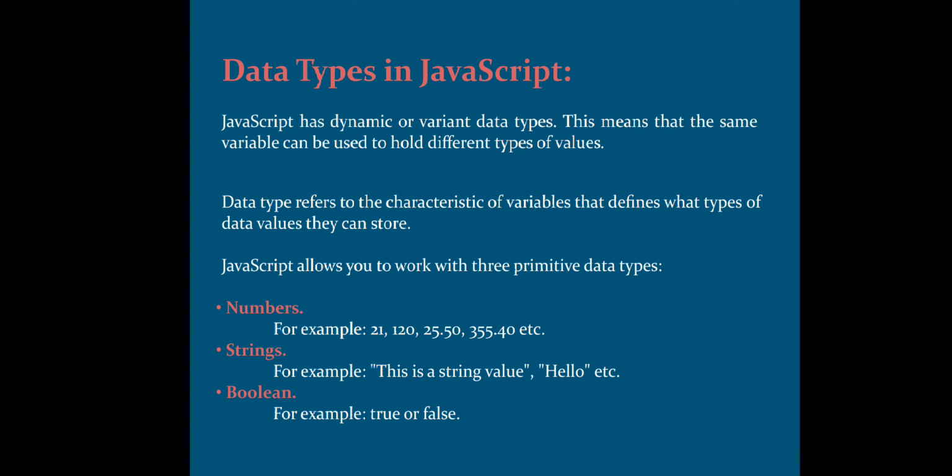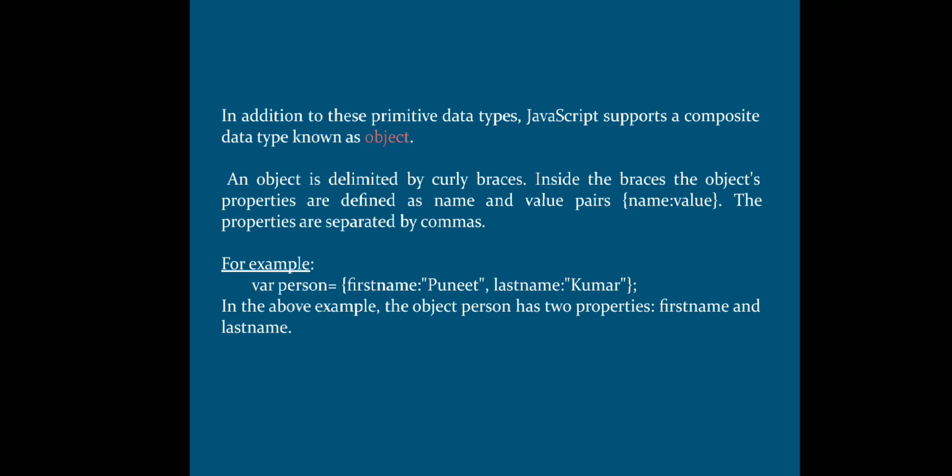Other than these three primitive data types, we have a composite data type called object. An object in JavaScript is represented by curly braces, and each object can be defined as name value pairs.